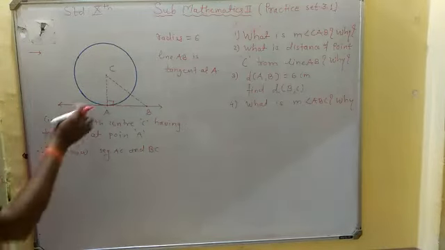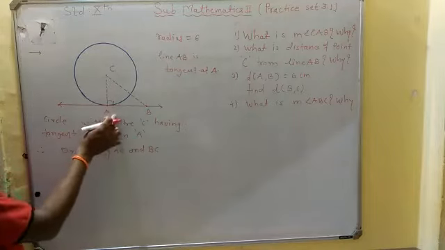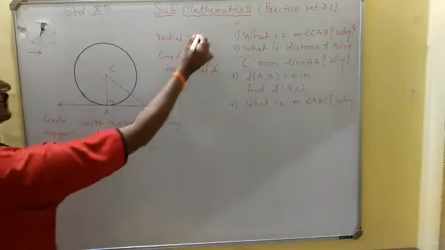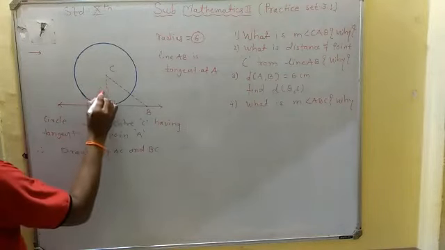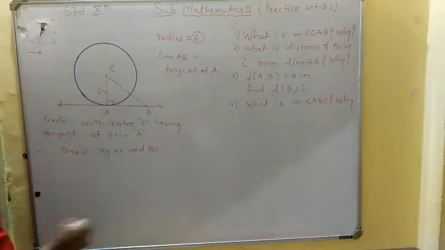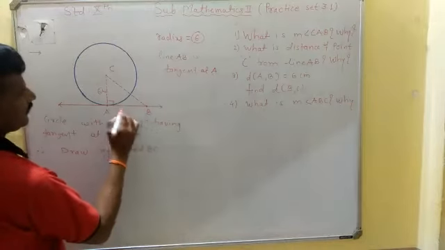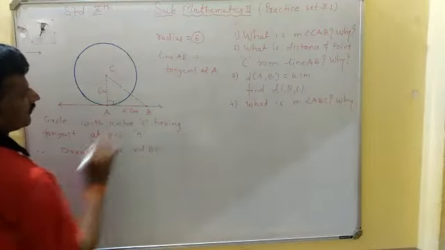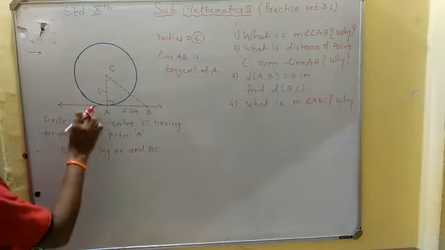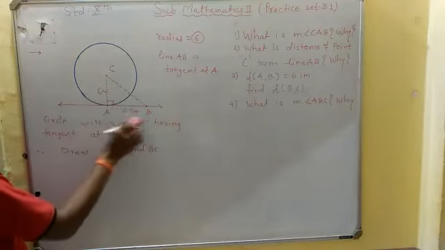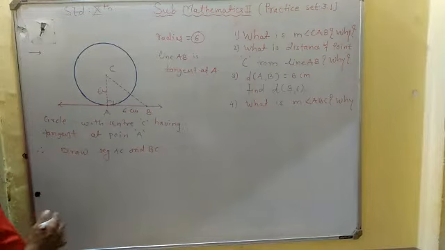Afterward, by joining AC, we get the radius, and the radius is given here as 6 centimeter, and also the length AB is given as 6 centimeter. By that construction and the tangent theorem, we get angle CAB is 90 degrees.